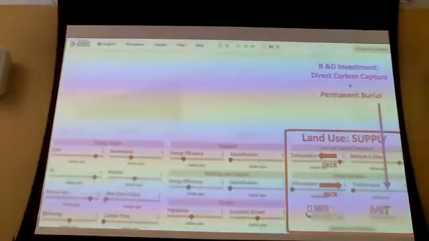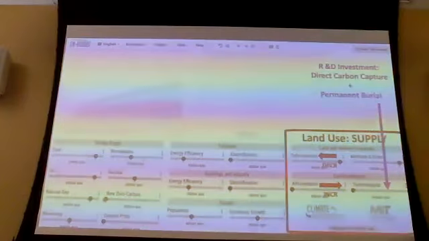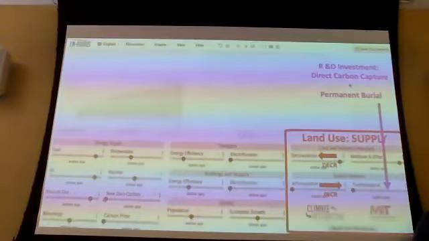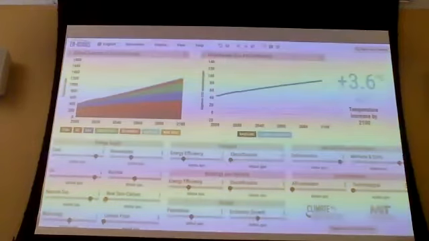To get it out and to figure out a way to stabilize it so it doesn't go back into the air. Well, there are a lot of ideas about that. I just mentioned one of those ideas. We can talk more about that in the future if you want to select that. But that's a way of saying, can we mount a national and international investment in developing ways to remove CO2 that's already there?